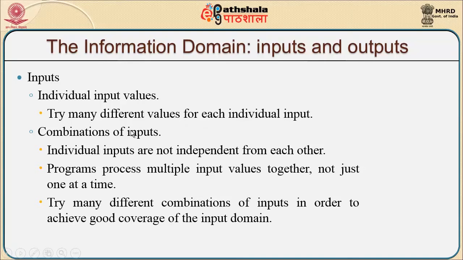Not only that, we go for multiple combinations where individual inputs are not independent from each other. So, they are dependent. The program processes multiple input values together, not just one at a time, and we may have to try as many different combinations of input in order to achieve good coverage of input conditions.